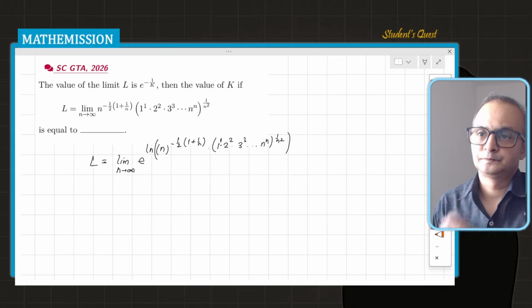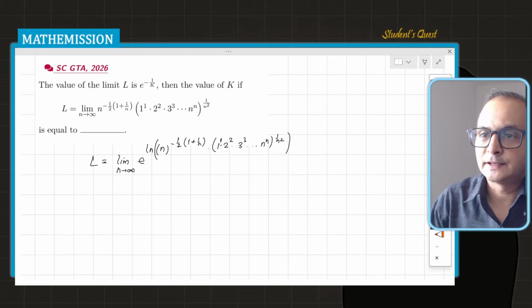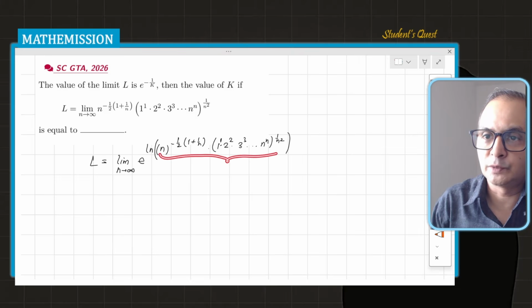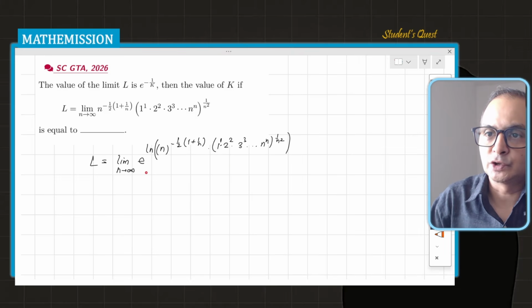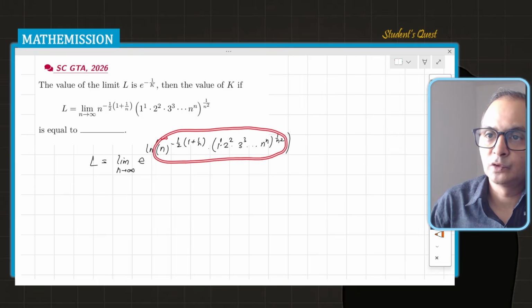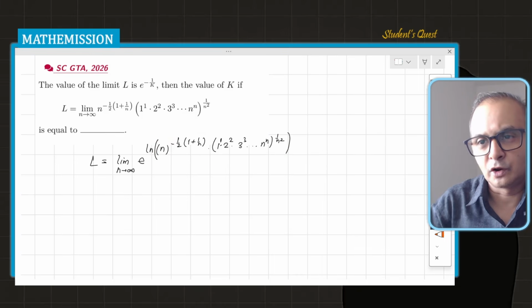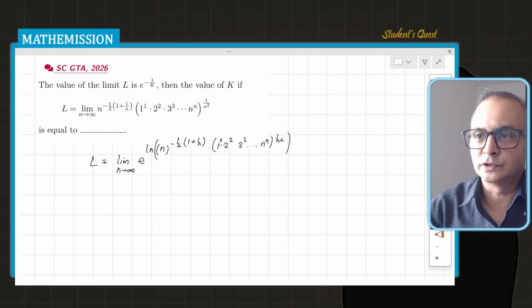Because when we take this as, let's say, x, e to the power log x will become x. So now I have to deal with this thing with the limit. If you take the log also, you get the same idea. So there's no such problem.